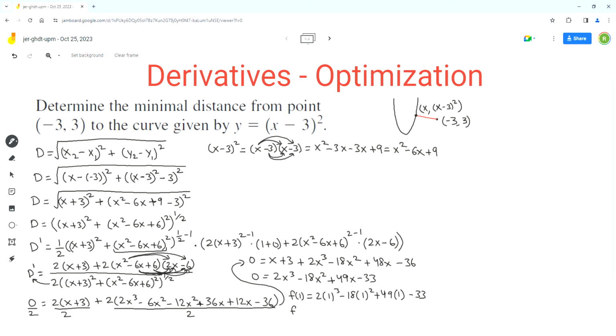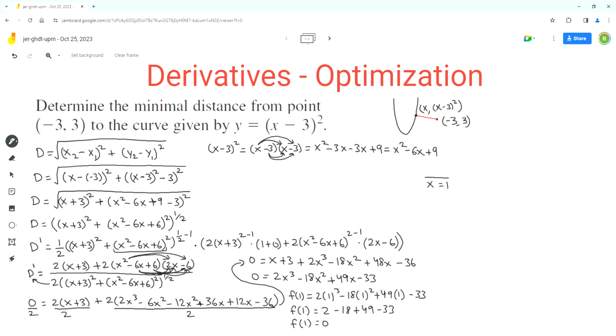So f will be equal to 2 minus 18 plus 49 minus 33. And if we combine these values, we get 0. Now there is no other solution to this cubic equation. So that means that the distance is minimum at x equals 1.